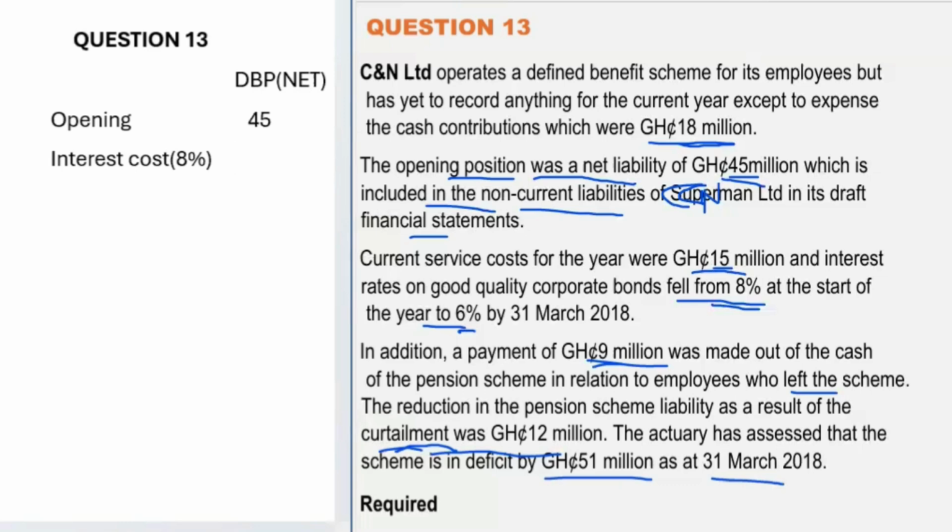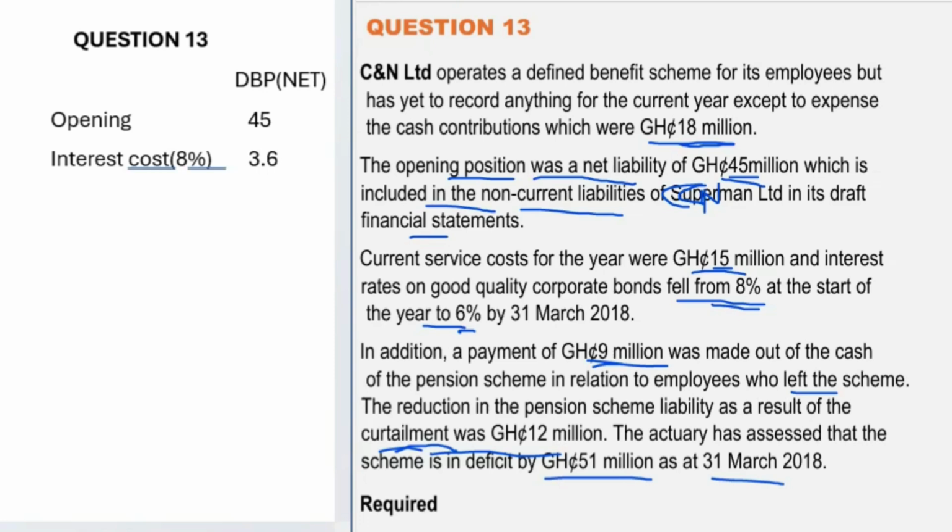But here, it's the opening balance. So we are applying 8% on the opening 45. We have to use the opening rate, the rate at the start of the year. So 8% of 45 gives us 3.6.